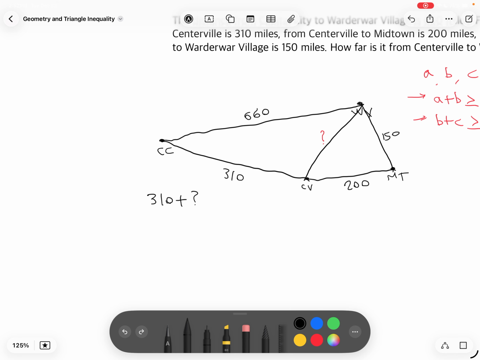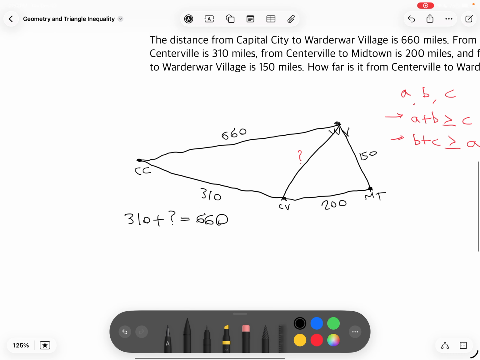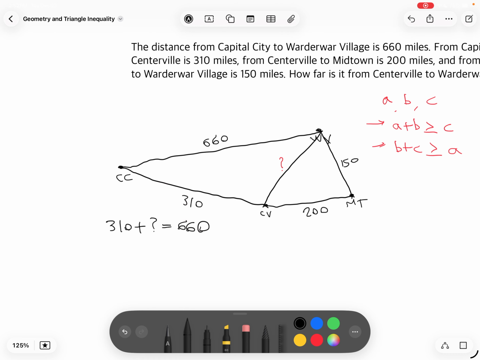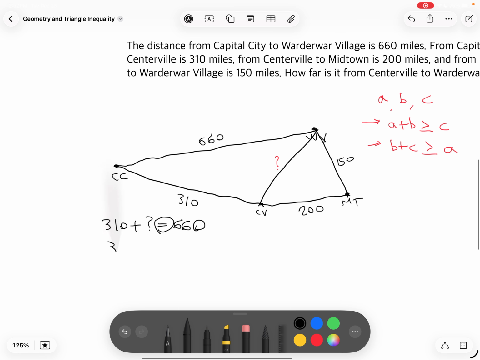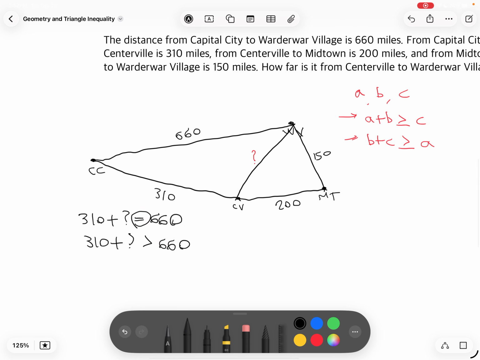So it needs to be equal to 660 or greater than 660. We cannot have a length like 5 here because that would be way less than 660. Okay, so that's what we know about our length there.